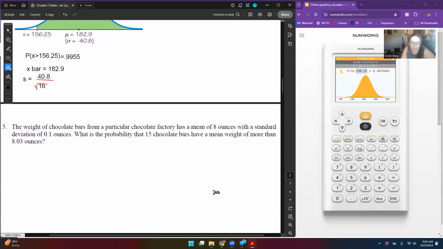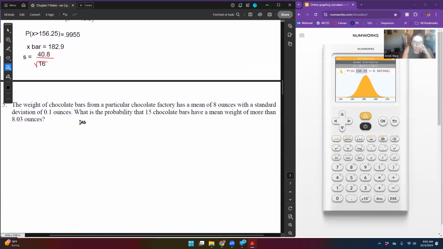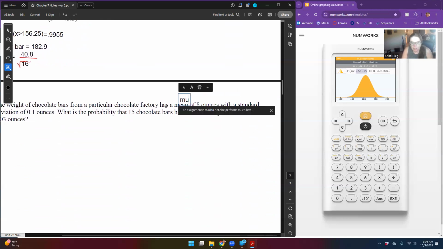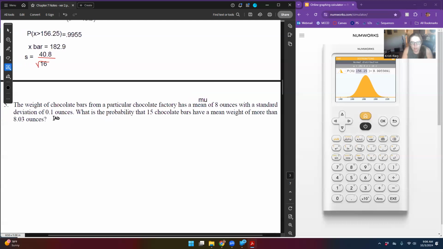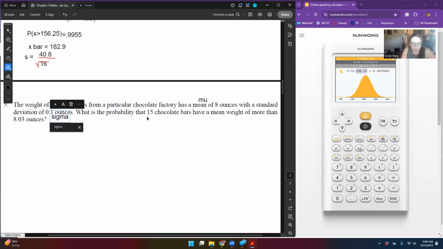We have the weight. Now there's no more pictures, so we have to draw a picture to see what it looks like. But it says the weight of chocolate bars from a particular chocolate factory has a mean of 8 ounces and a standard deviation of 0.1 ounces. And what is the probability that 15 chocolate bars have a mean weight of more than 8.3 ounces?